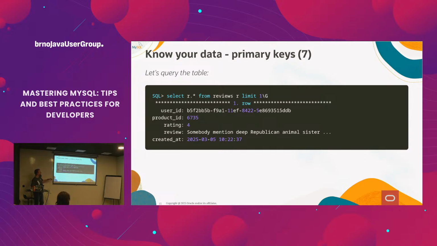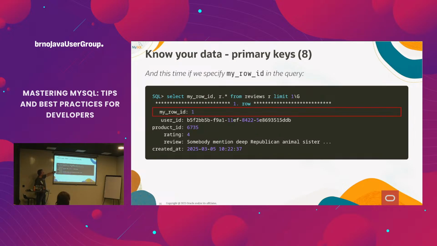But in fact, if we want to see it, we specify it. So I use my row ID here, and we can see it. We have access to it. I don't know if you know, but MySQL is very good. Usually developers don't care about that, but for operators and DBAs, MySQL is very good because of the way it can scale with replication, right?